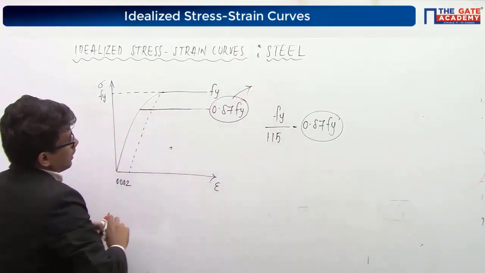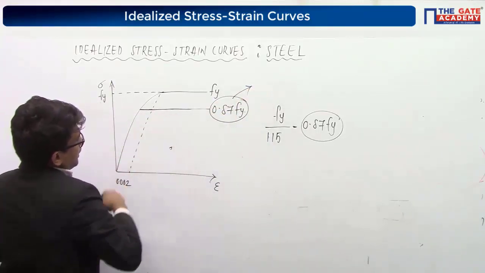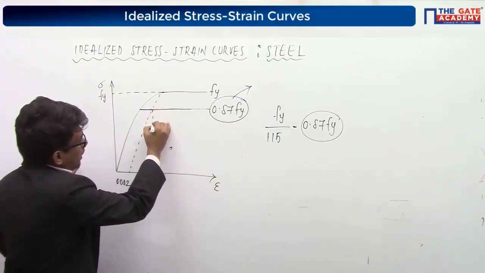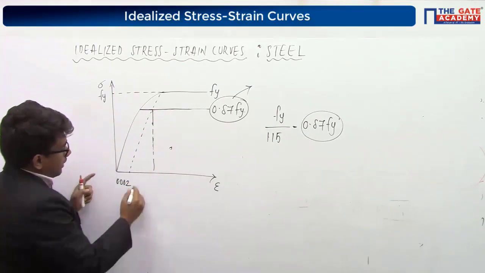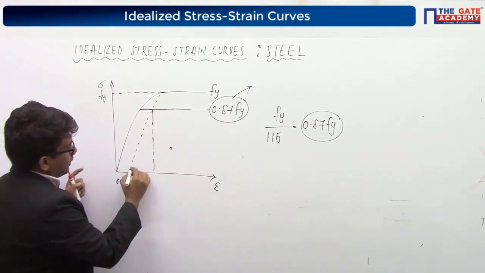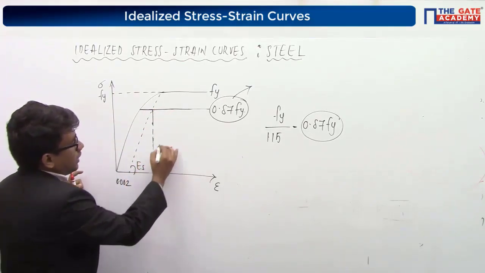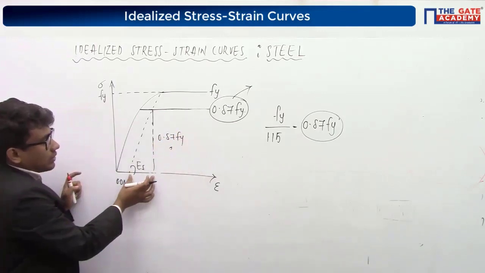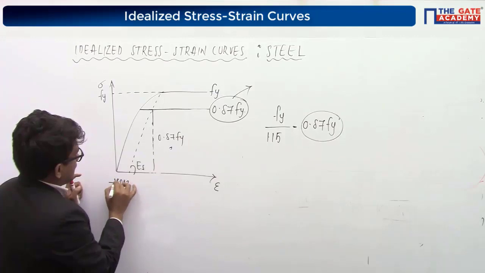What is the strain value corresponding to that? Till here it is 0.002, right? And what will be the strain value till here? If we take it here, 0.0025, this will be our Young's modulus of steel. This is 0.87 Fy. We know how to calculate this, we have discussed it just now.